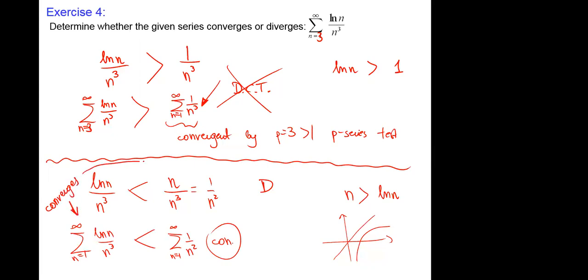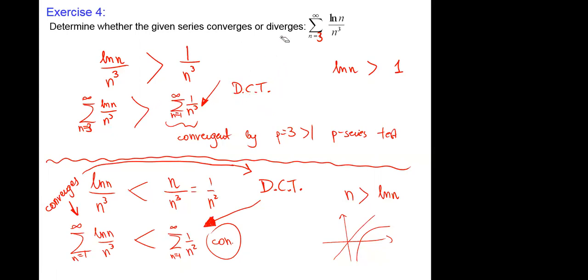That means my original series converges by the direct comparison test, but we're comparing with 1 over n squared. It's also a really nice question for multiple choice, because if you see the answer convergent by direct comparison test comparing with 1 over n cubed, that didn't work.